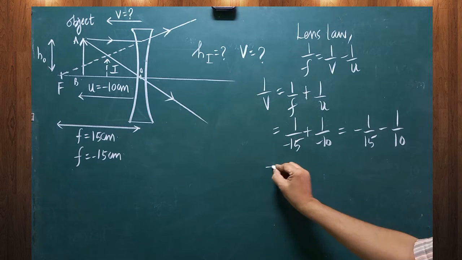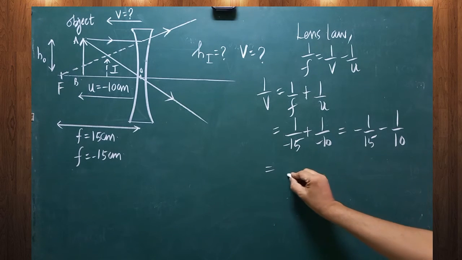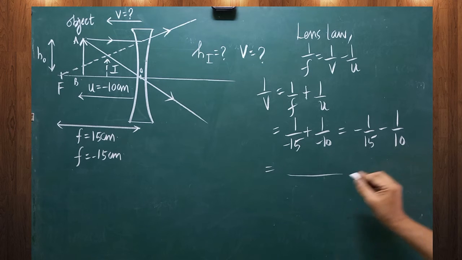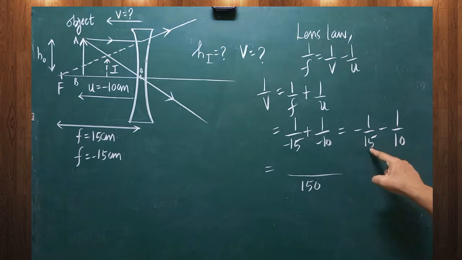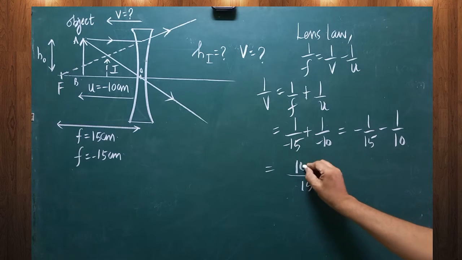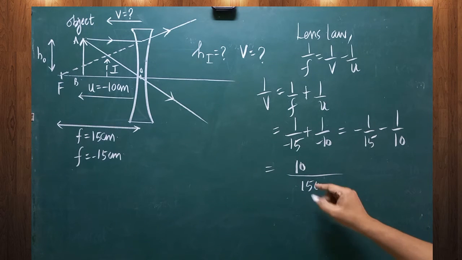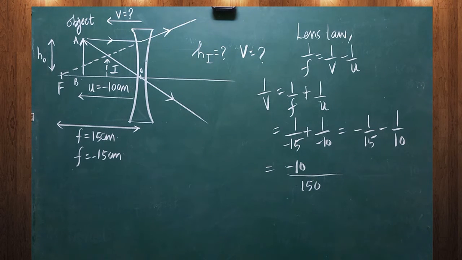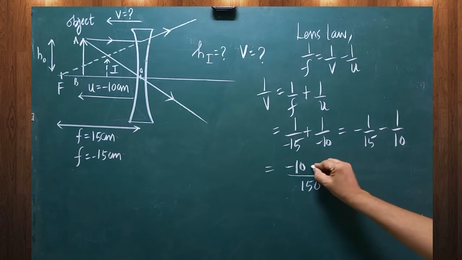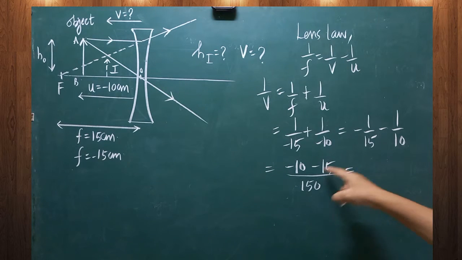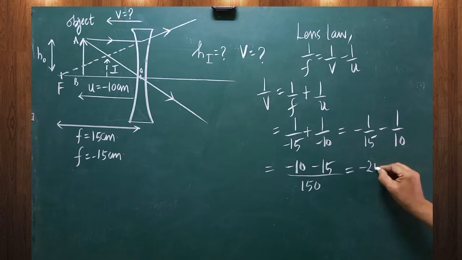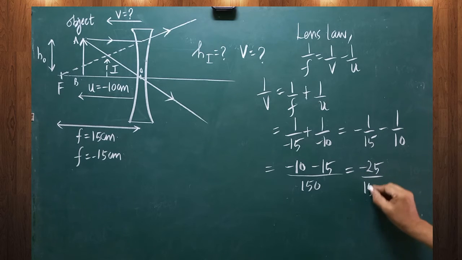Multiply and take the LCM. 15 into 10 becomes 150. 150 divided by 15 is 10, that becomes minus 10. 150 divided by 10 is equal to 15, that will also be negative. So if both are added, you will get minus 25 divided by 150.